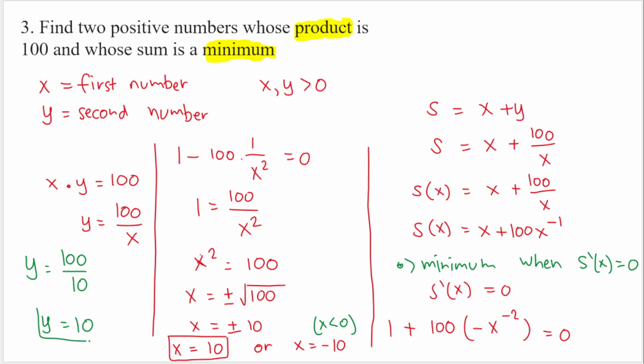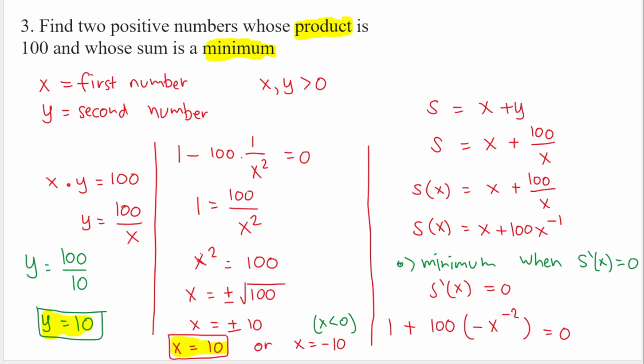Therefore, the two numbers whose product is 100 and whose sum is minimum are y equal to 10 and x equal to 10. So this is the answer. So the answer is 10 and 10. This is the final answer.